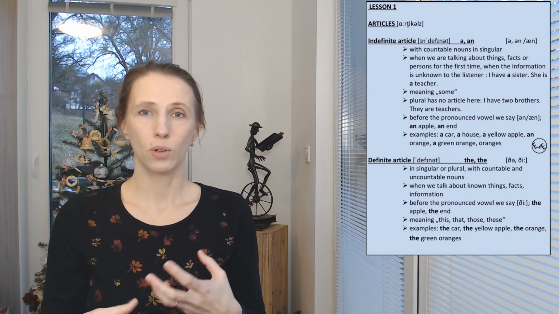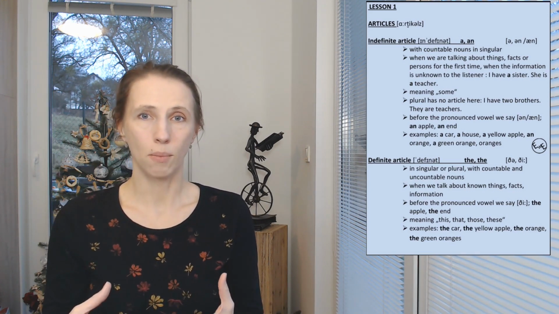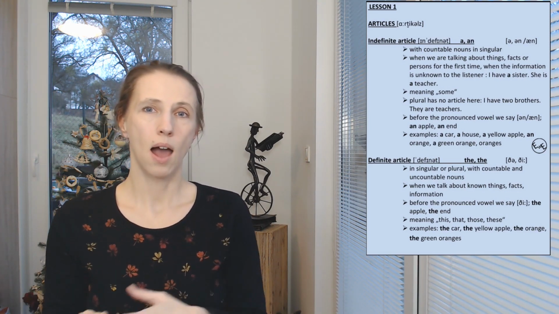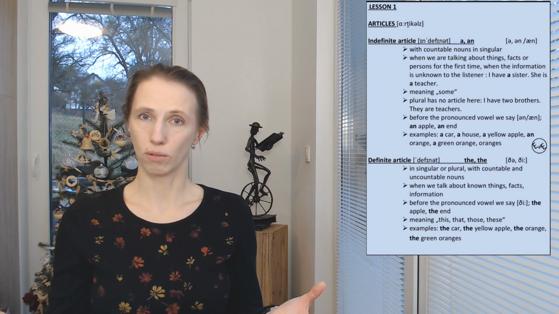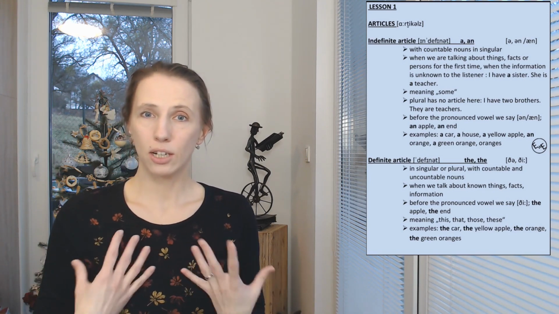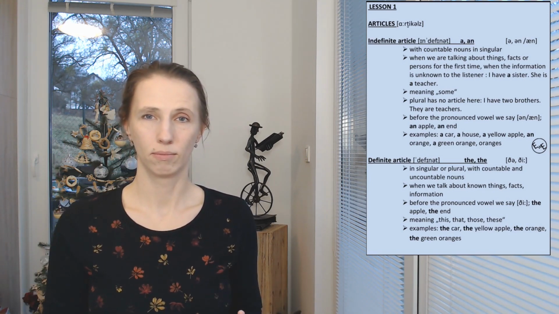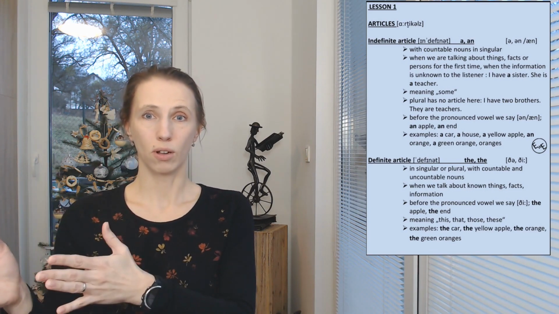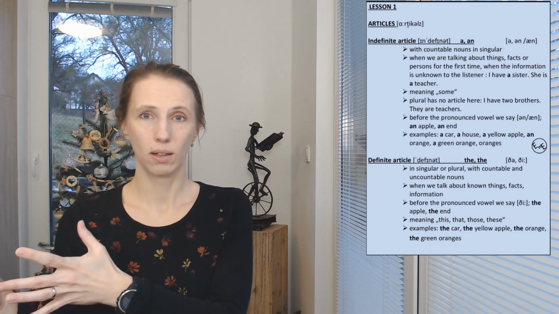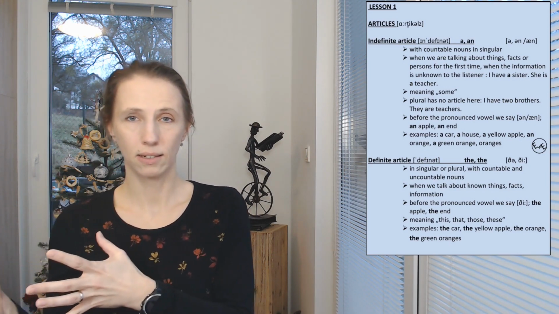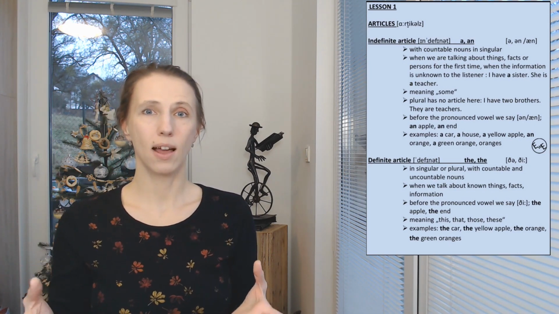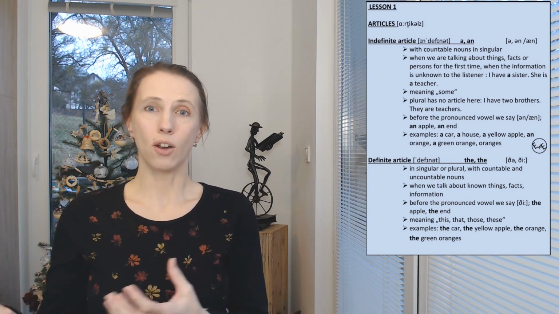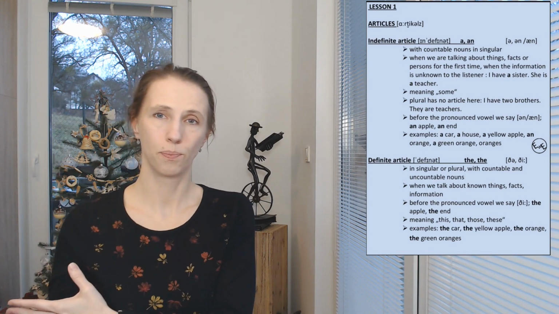We use it when we talk about something for the first time or it is unknown to the listener. I have a sister. I am a teacher. When we cannot pronounce it before the pronounced vowel, then we say an. I have an apple. I have an old house.